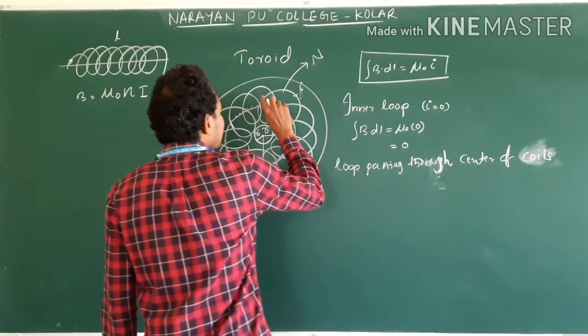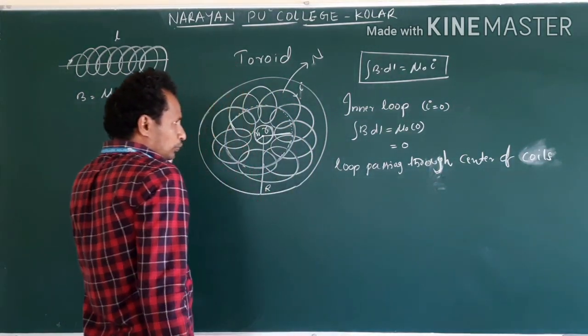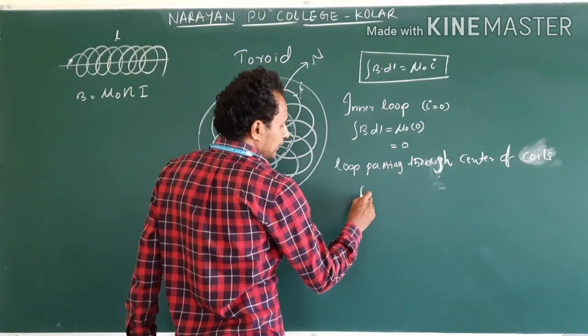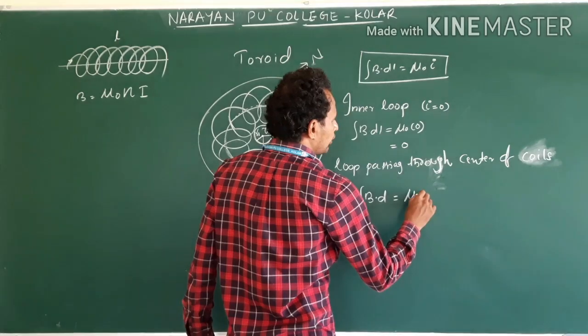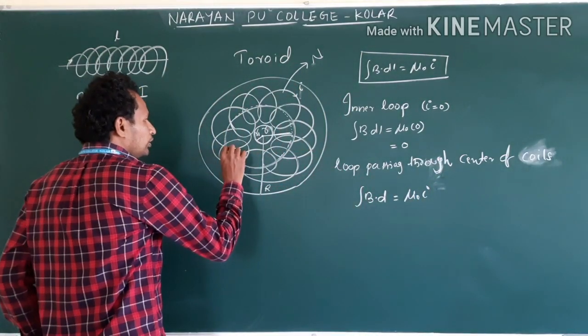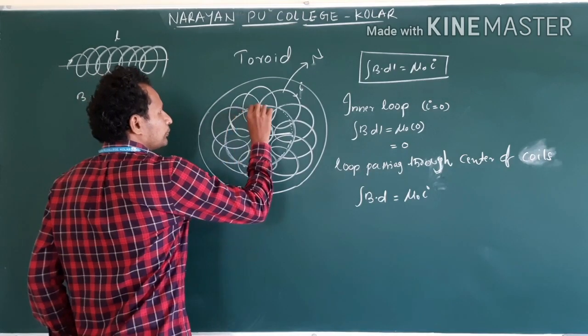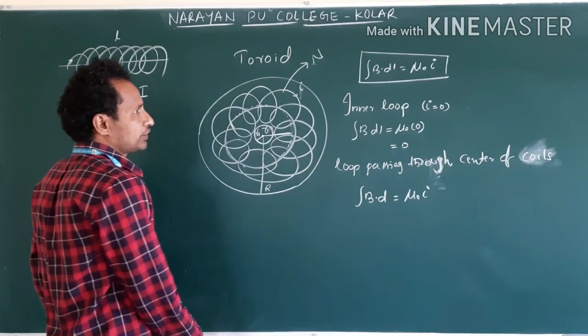Coil in the sense, this is one circular coil. Clear? Now this I can write, integral B dot dl is equal to mu naught I. See here, this loop is passing through the center of the coils.